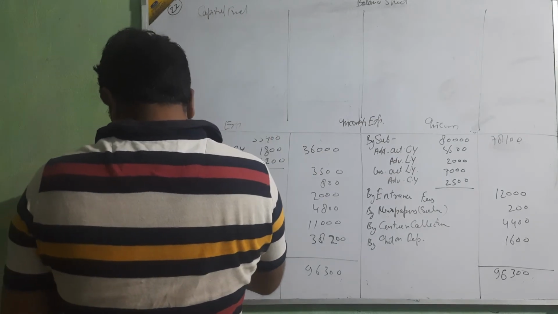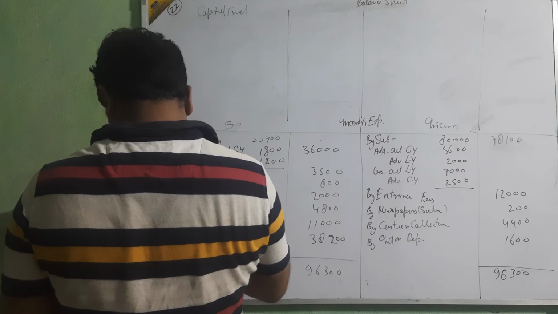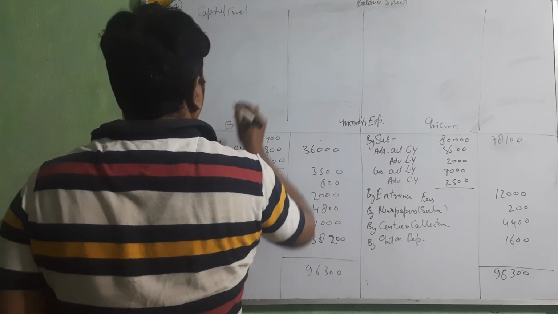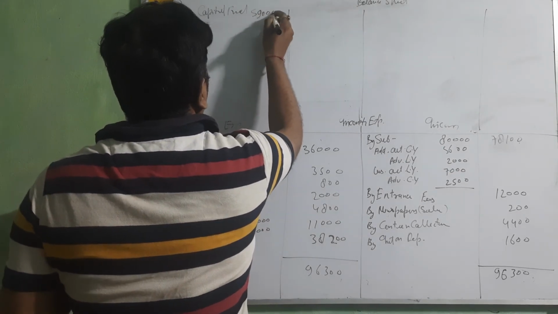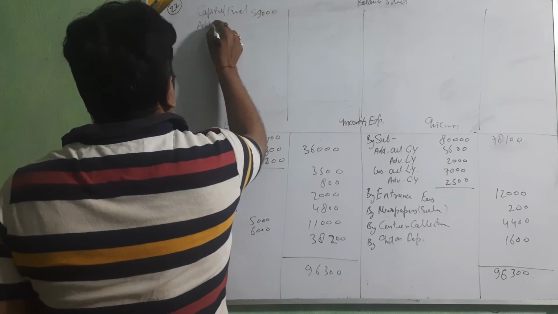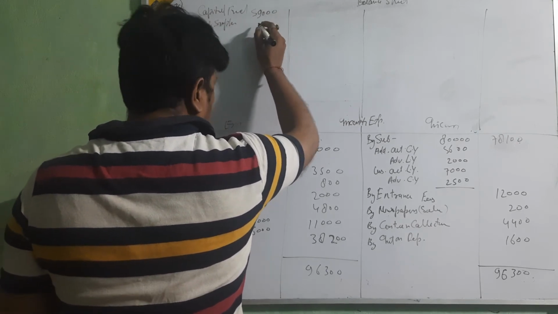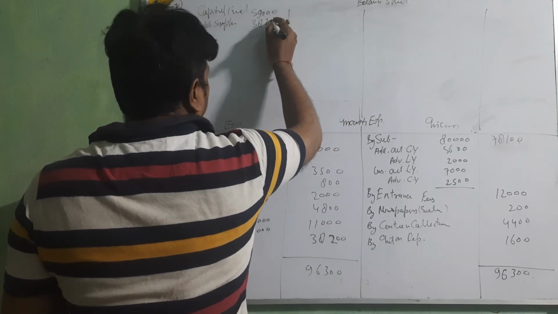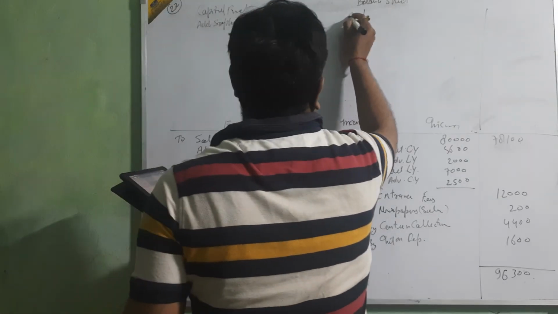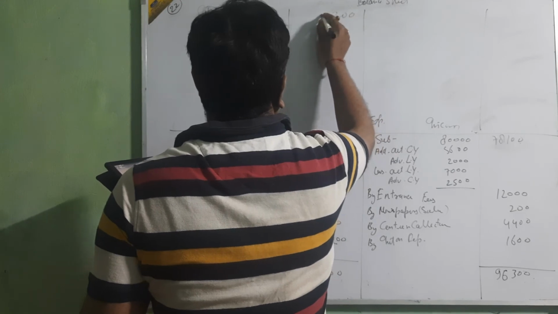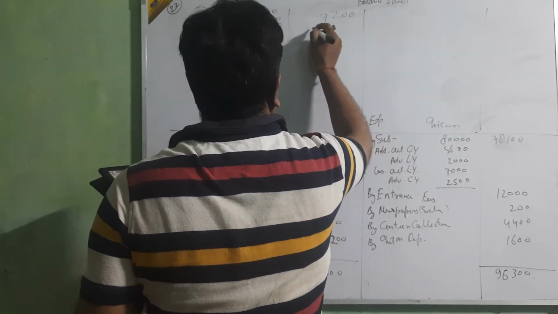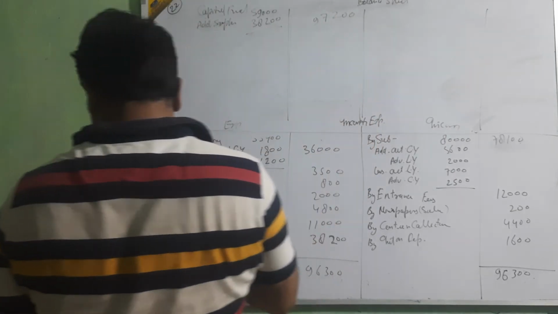Capital fund amount is 59,000. Add surplus 38,200, total 97,200. Okay.